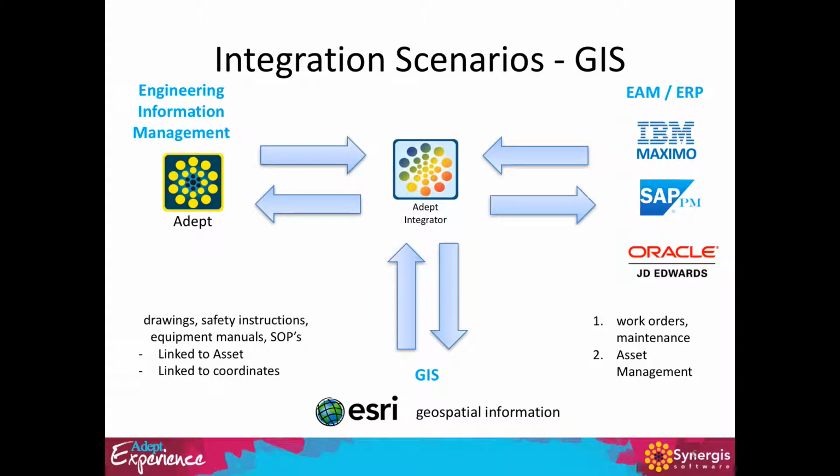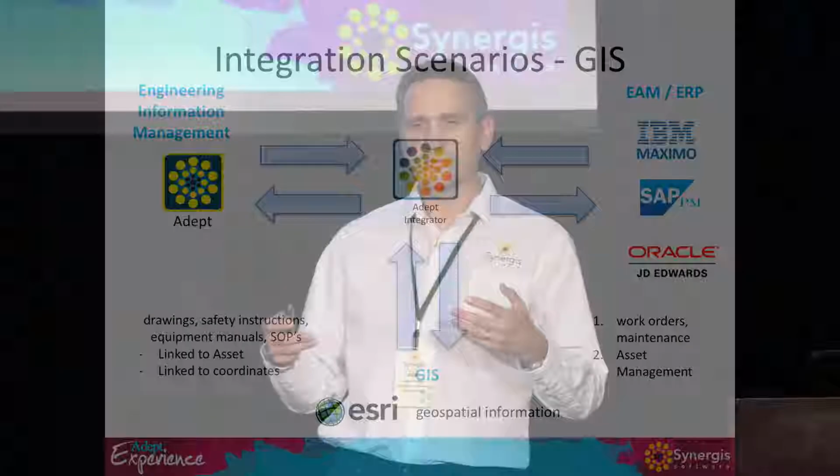You need to be able to link that information or that asset to a drawing, as well as bring your latitude and longitude information together. And then at that point, be able to drive down into more geographic information.